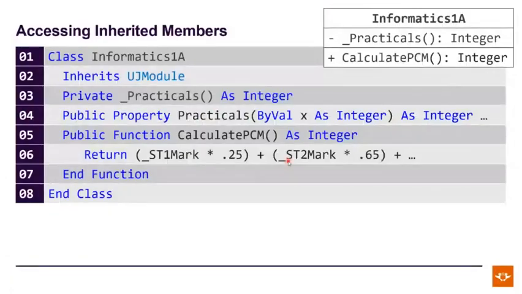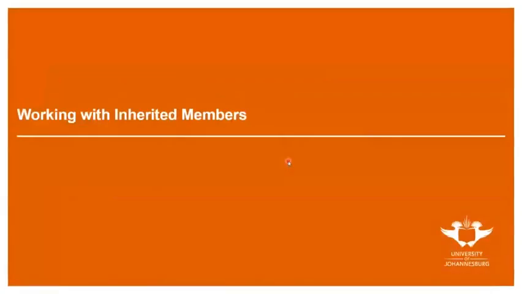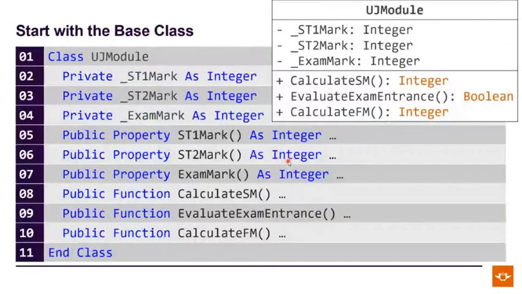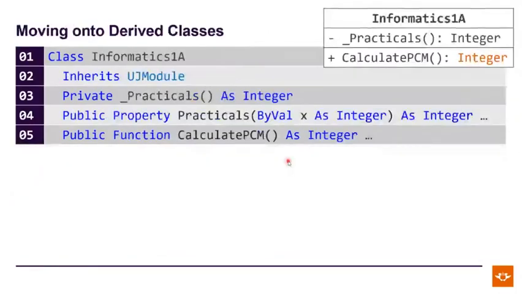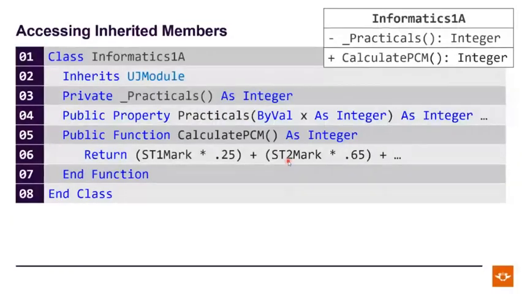Why option 2? Anyone? You're saying option 2, which is this one, using the property methods, correct? We don't have access to semester test 1 and 2 because they are private. So we have to access them through the property methods.